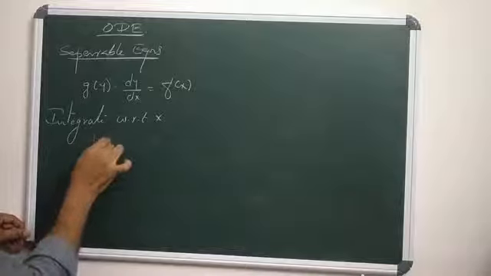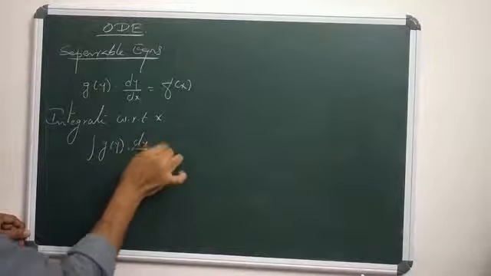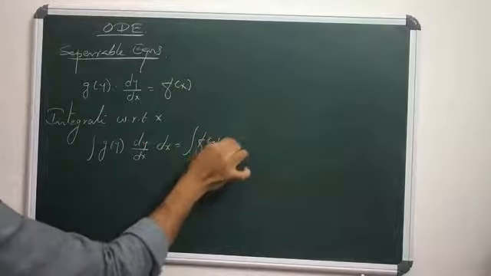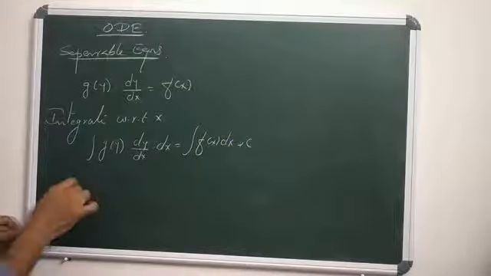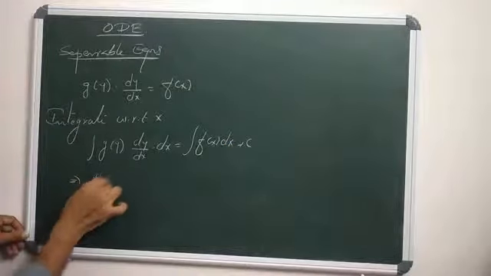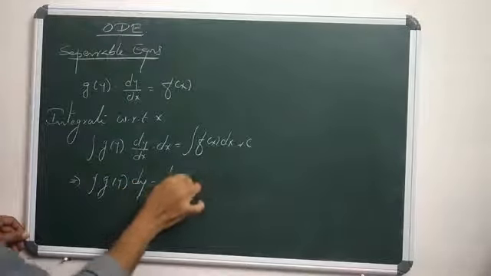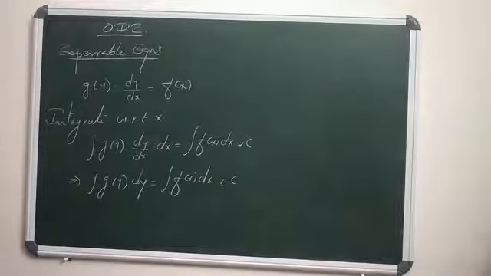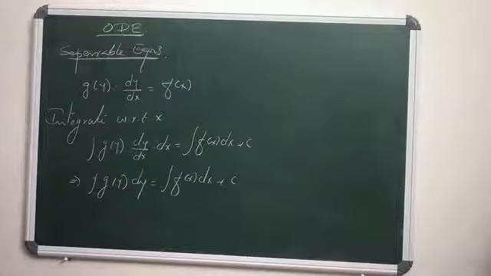It is integral g of y into dy by dx into dx equals integral f of x dx plus an integrating constant c. So that means it is integral g of y dy equals integral f of x dx plus integrating constant c. So this is a variable separable form.